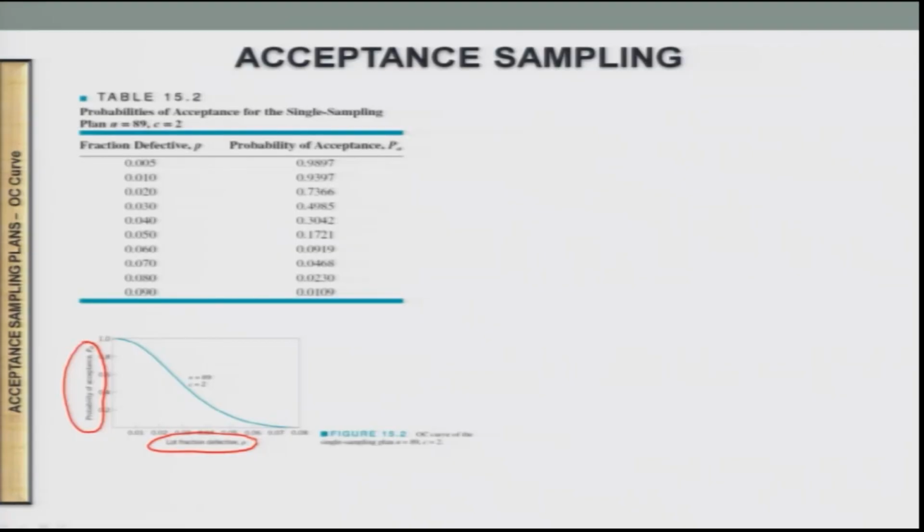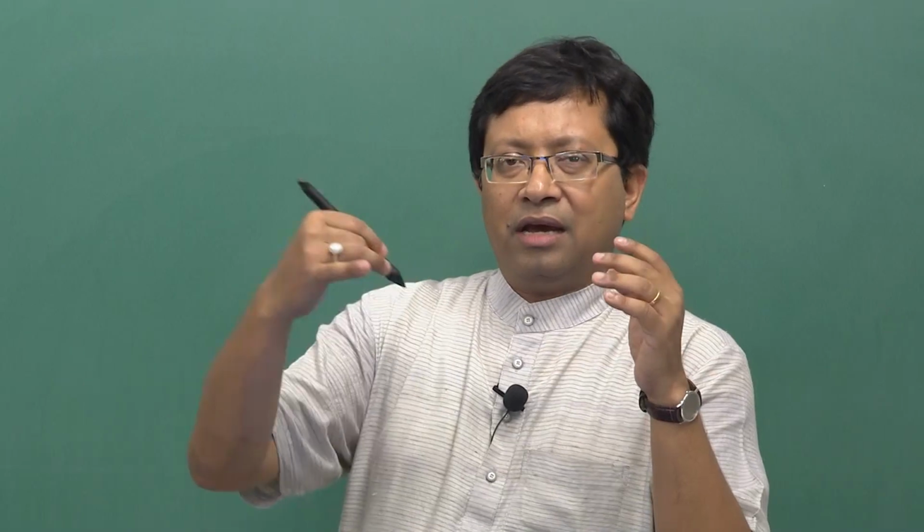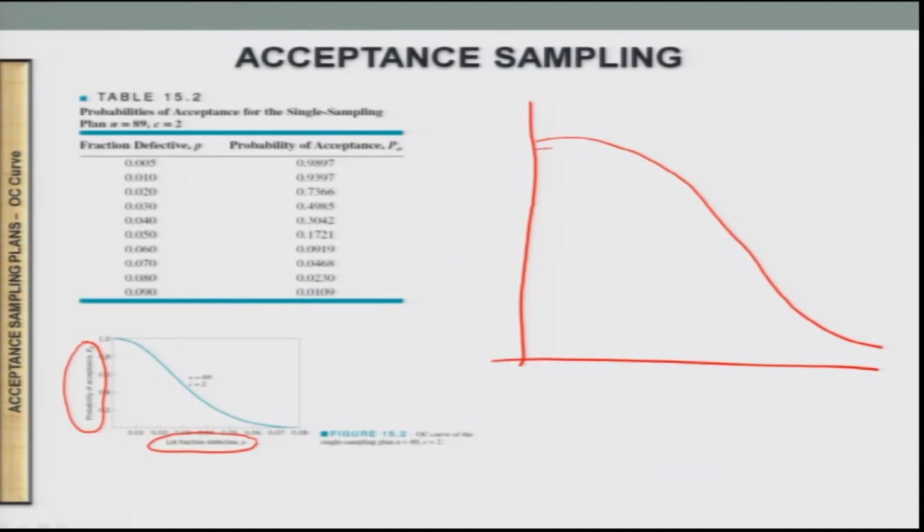This is a hypothetical thing which I am trying to draw. Say, for example, you have the y-axis as PA, the x-axis as P, and you have different n's and c's. Your graphs, some would be like this, some like this. I am just drawing it in order to make you understand. Depending on the distribution and capital N, small n and C, it will change. Some of the graphs may be like this, and so on and so forth.